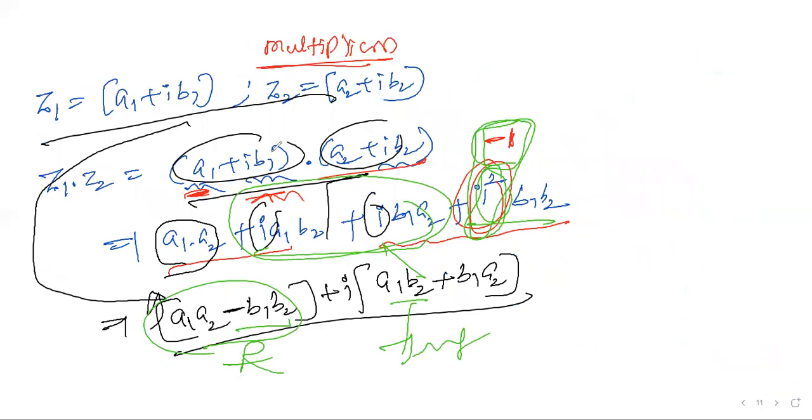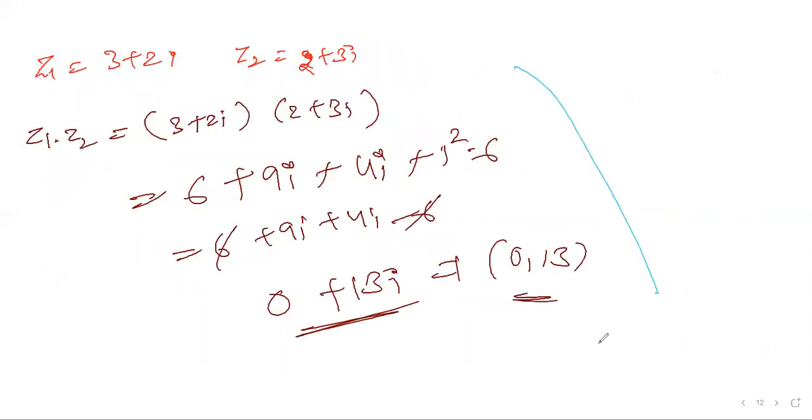Then multiplication: you multiply as regular multiplication of numbers, then where you get i square, please keep it as minus, then real terms separately and imaginary parts separately. I took an example and clearly explained how to multiply two numbers.